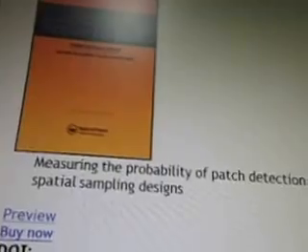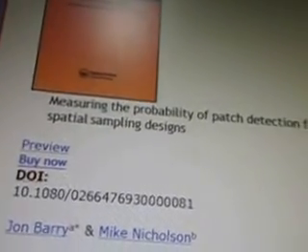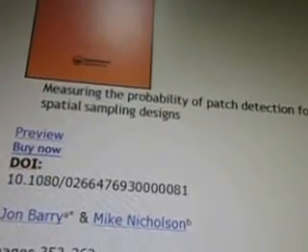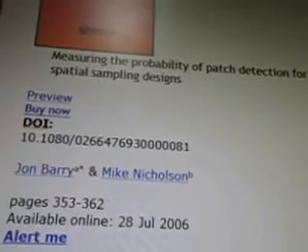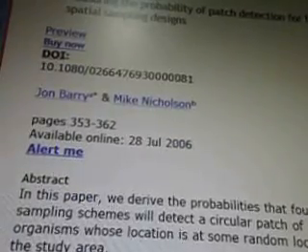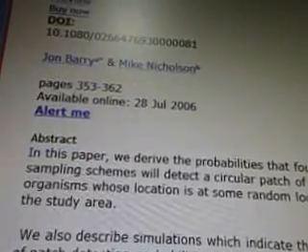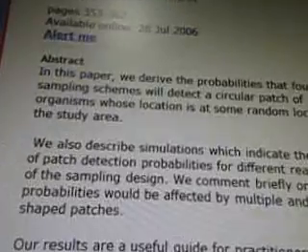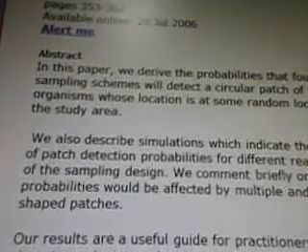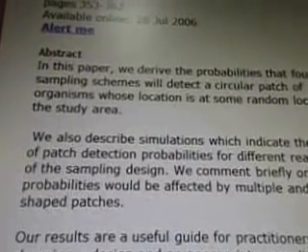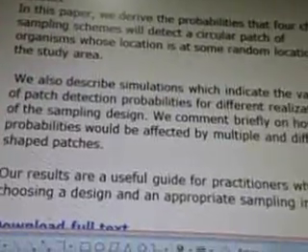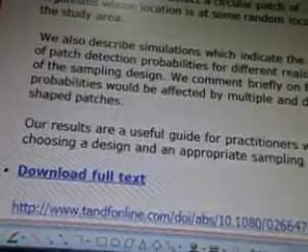So this is the Journal of Applied Statistics, 1993, measuring the probability of patch detection for forest spatial sampling designs. This came up with the search from John Barry and Mike Nicholson, July 2006. In this paper, we derived the probabilities that 4 chosen sampling schemes will detect a circular patch of organisms whose location is at some random location in the study area.